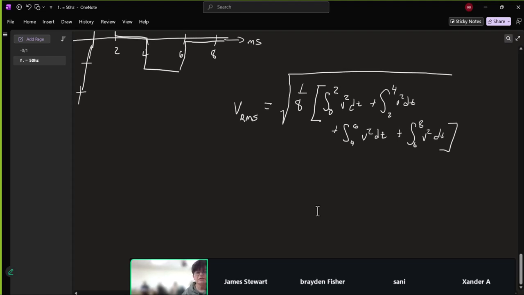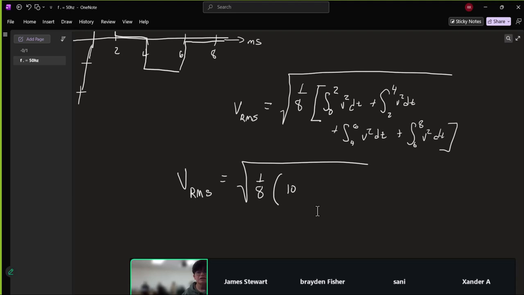And so then we would get that VRMS equals the square root of 1 over 8 times the integral from 0 to 2 of 10 squared dt plus 0 plus the integral from 4 to 6 of (-5) squared dt plus 0.